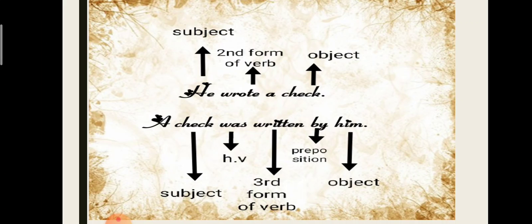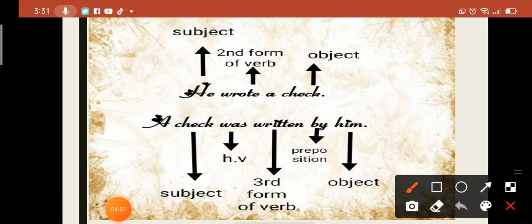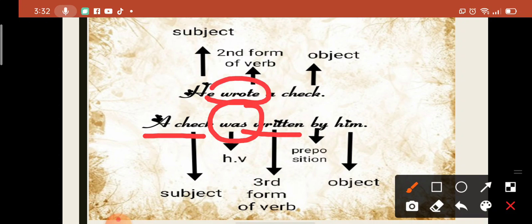So here the example is he wrote a check. In this example, a check object will become subject. After that, we will add helping verb with check. We will use was because check is singular. It is one thing. A check was, then third form of write is written and wrote is the second form.